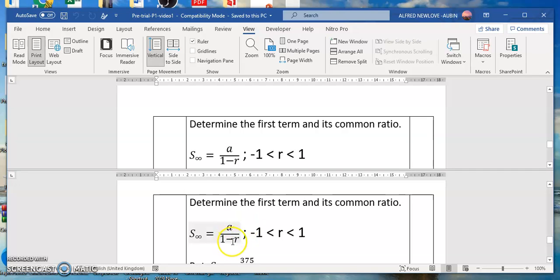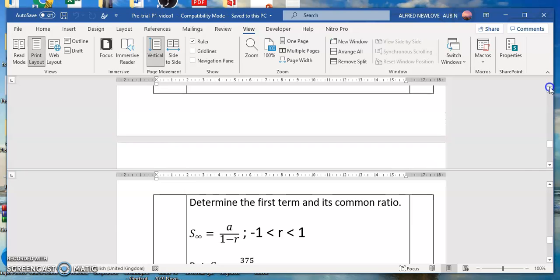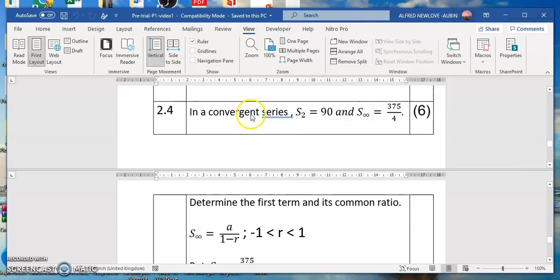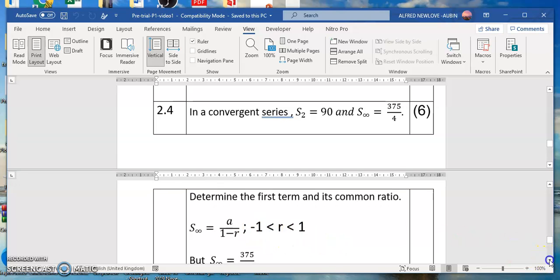We have this information given because the question says it converges. So if it converges, the sum to infinity must be given by this equation. Or we can use the ratio. The common ratio must lie between -1 and 1.